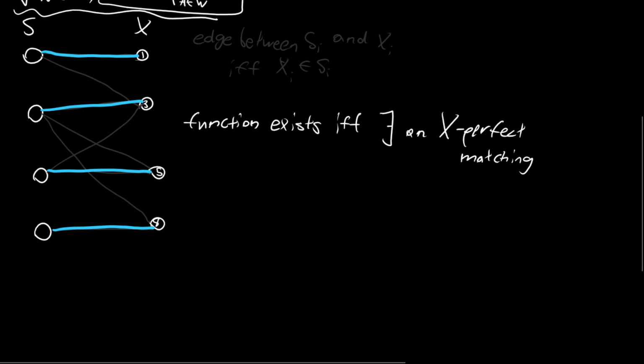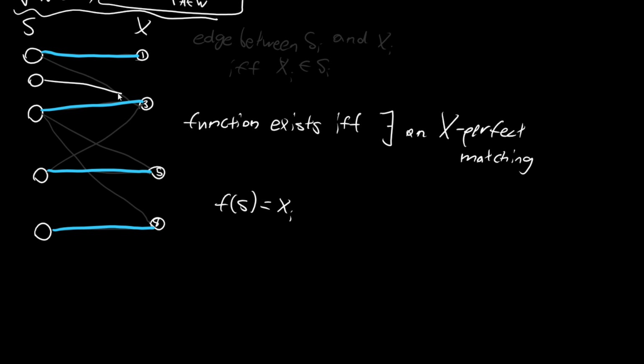And why does this mean that the function exists? Well, basically we just take f of s equals whatever it matches to, let's call it xi, if s is matched in the matching.